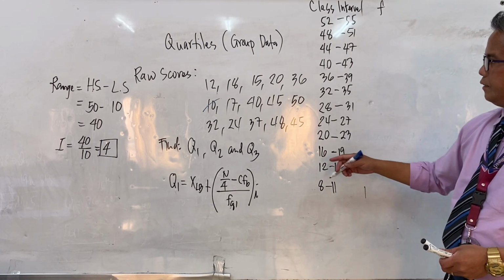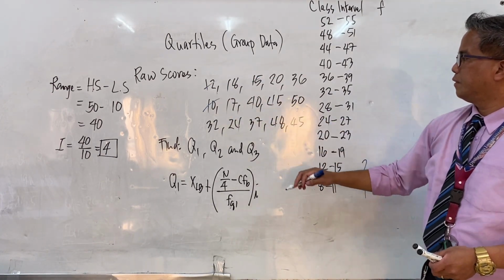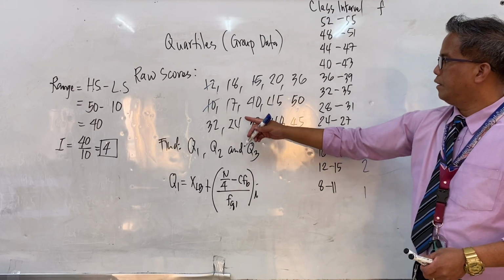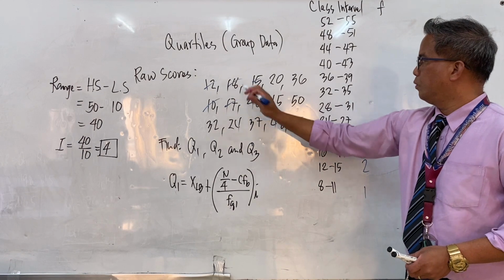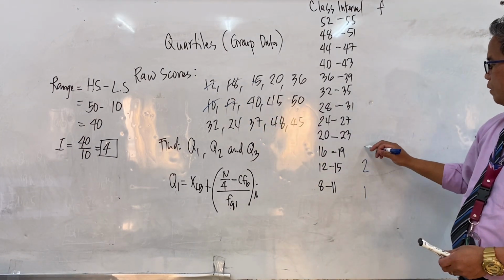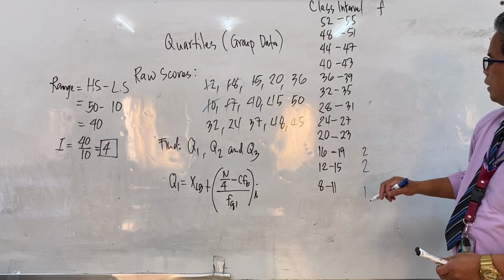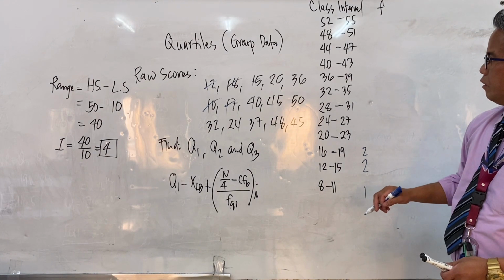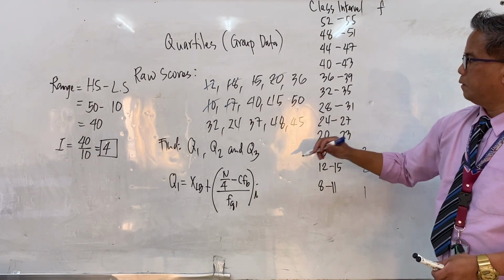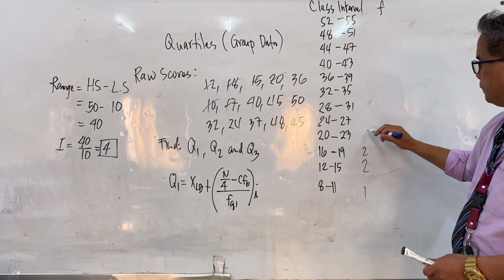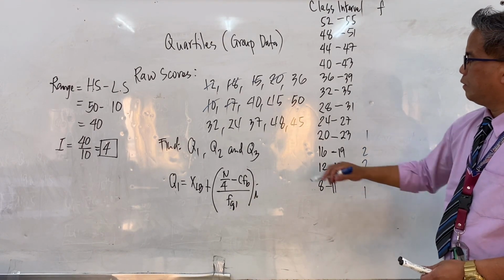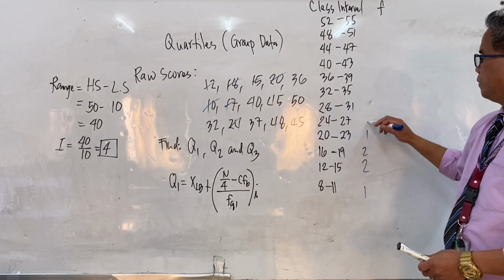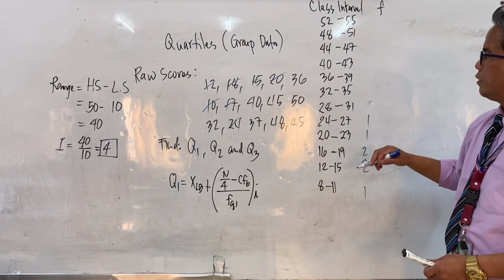For 16 to 19, we can cross out, we have 1, 2, so 2 only. The next, 20 to 23, 1 only. The next, 24 to 27, we have 1.